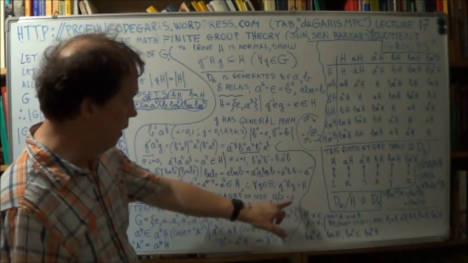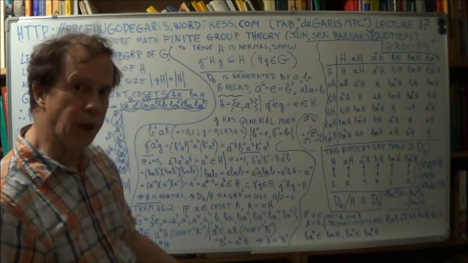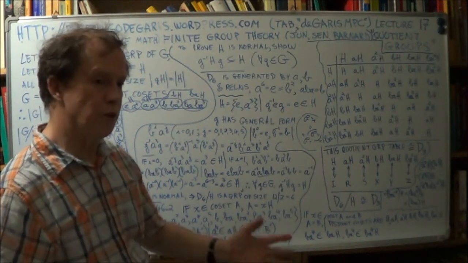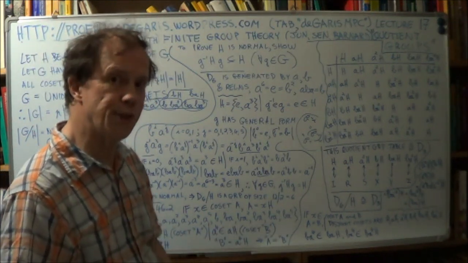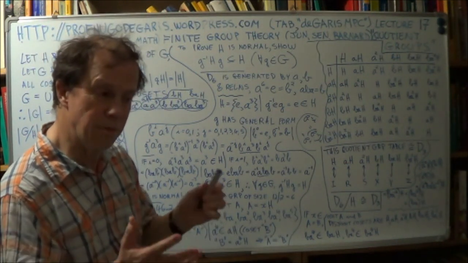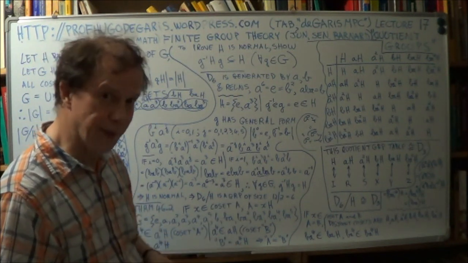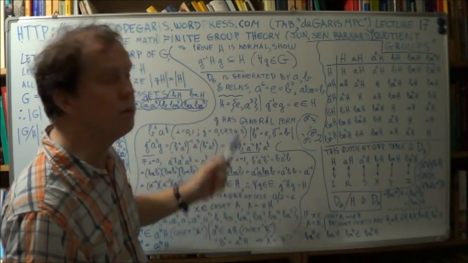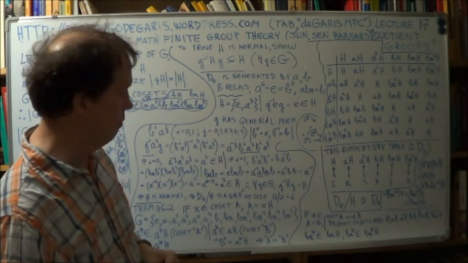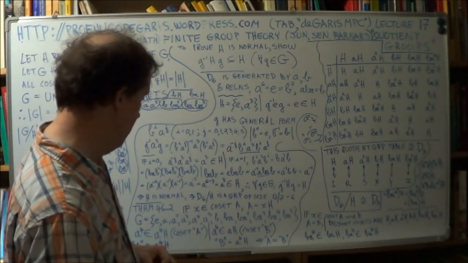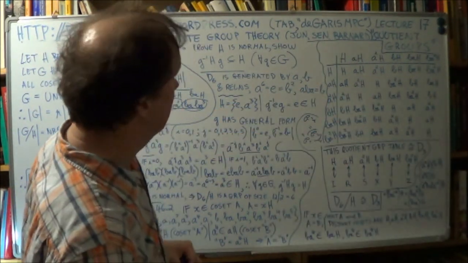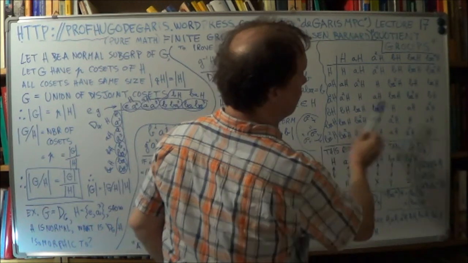Okay? And that means, because it's a quotient group and its size is 6, we are talking about 6 cosets, right? Because the members of a quotient group are cosets. They're the cosets of your normal subgroup H. Now before I start, here's the result.